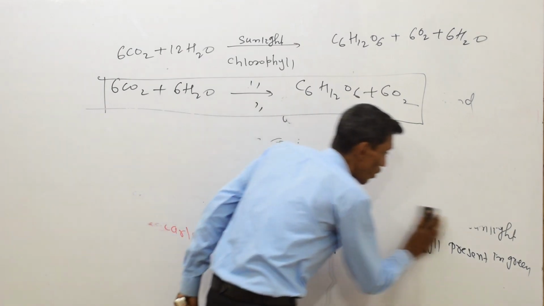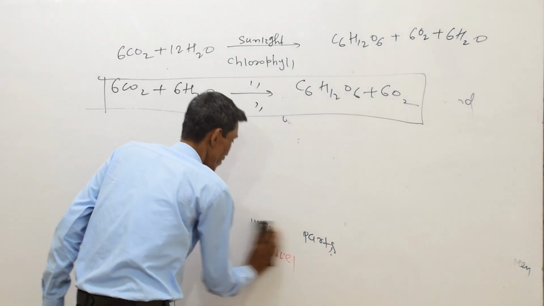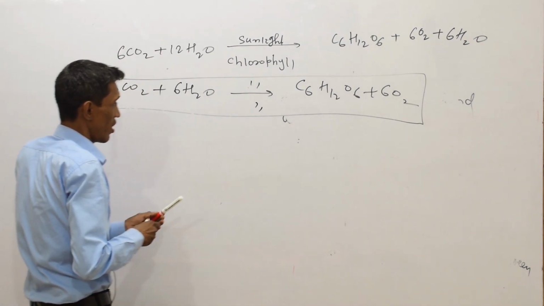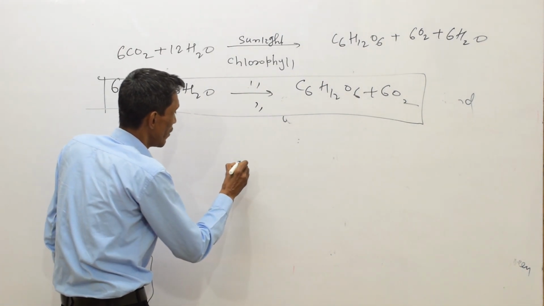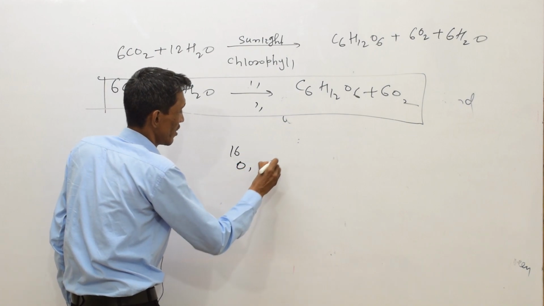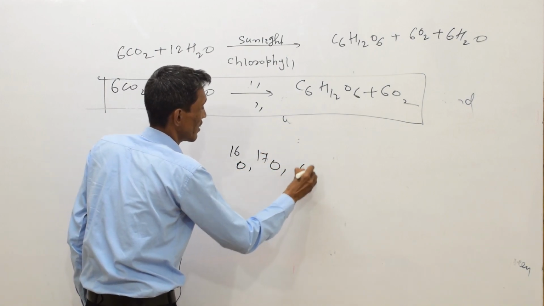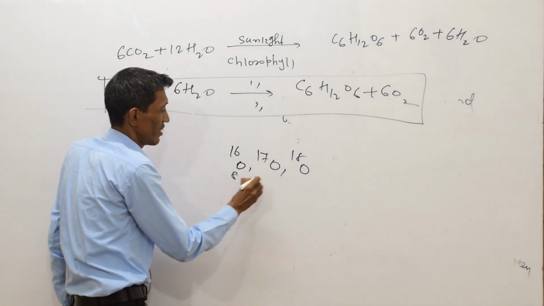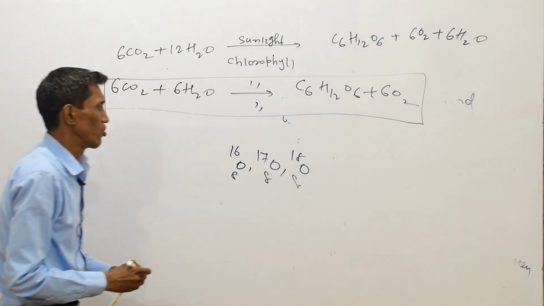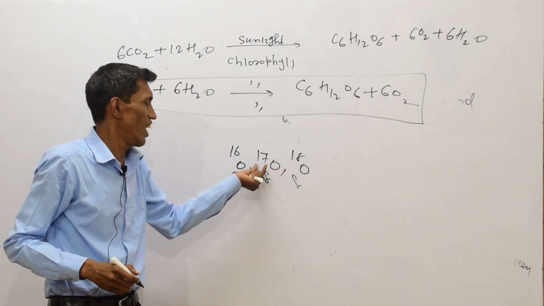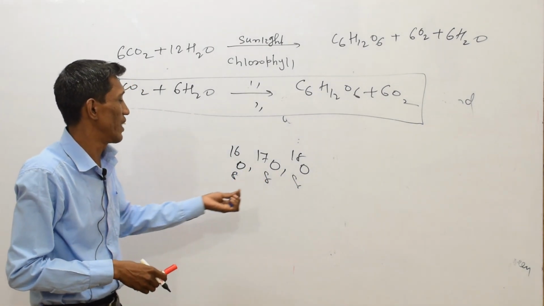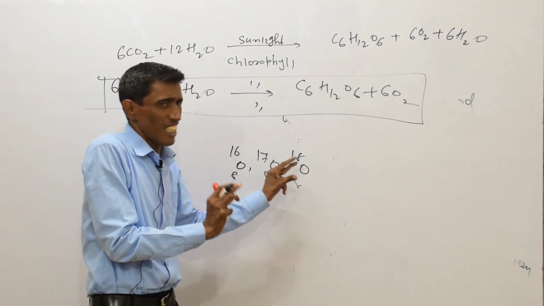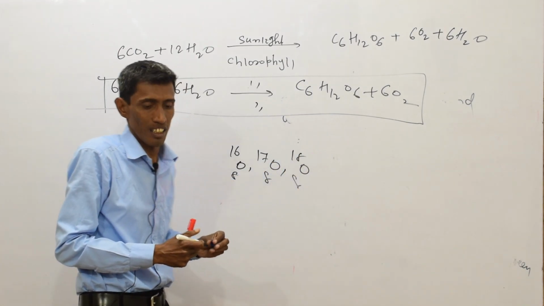So we have 3 types of oxygen available. Isotopes you know very well: oxygen 16, oxygen 17, oxygen 18, right? Oxygen 18 is not present in a very huge amount. It is present only in trace amounts.